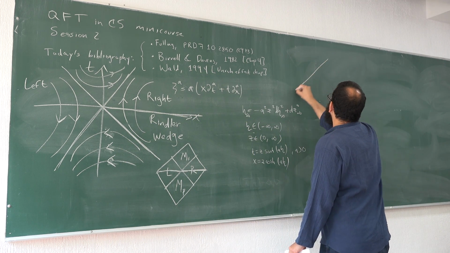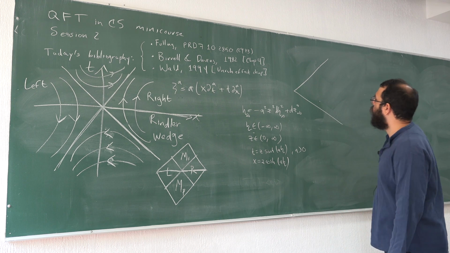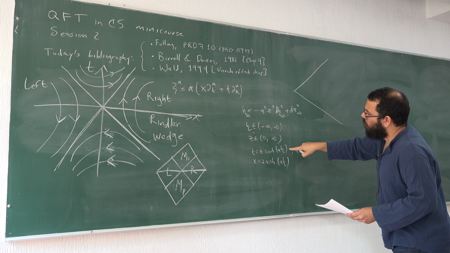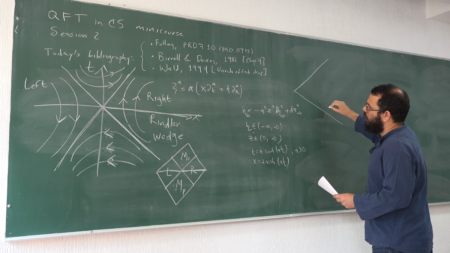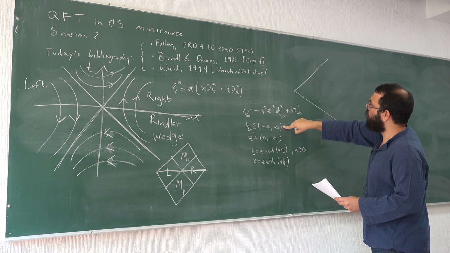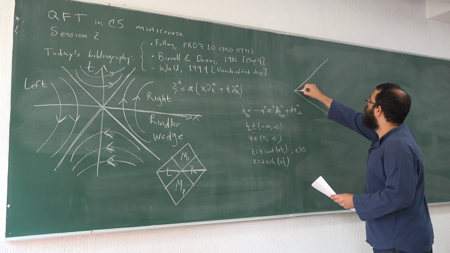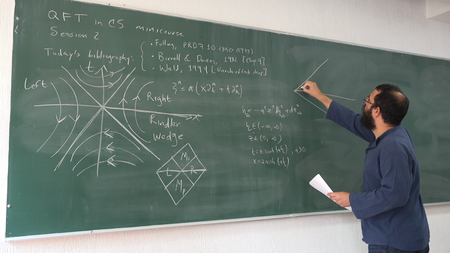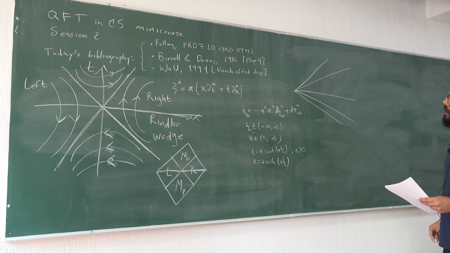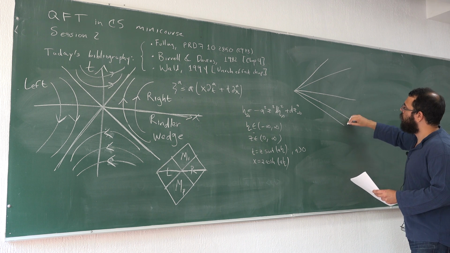So let me draw the right wedge here. Okay? And so eta constant surfaces run like that, whereas Z constant surfaces run like this.